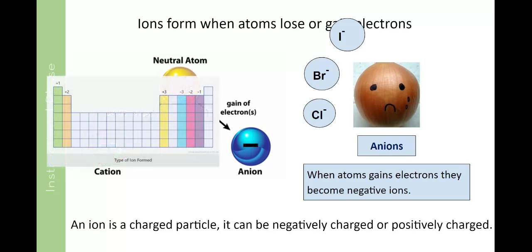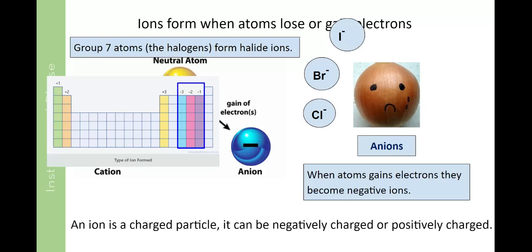And remember, the periodic table can show us what ions each element will form. Now we're focusing on the negative ions today, so group 7 atoms always form -1 ions. Group 6 always form -2, and group 5 form -3. Now, you do need to understand that group 7 ions are referred to as halide ions because they come from group 7 atoms, which are called the halogens.